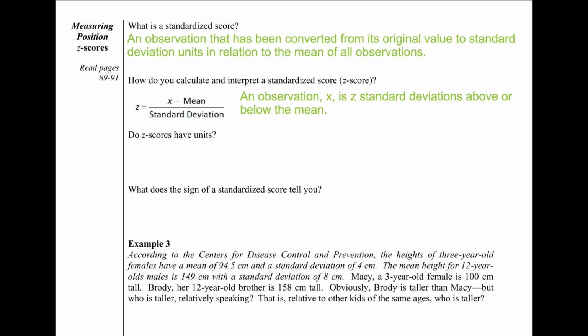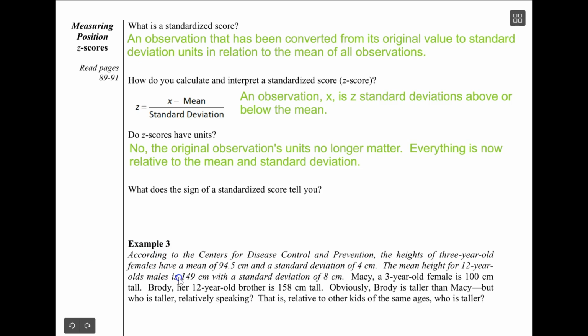Do z-scores have units? Usually when we do measurements like your height, that's in inches, that's your unit. Speed would be in maybe units of seconds or hours and miles per hour. Those all have units. So do z-scores have units, measurable units like that?